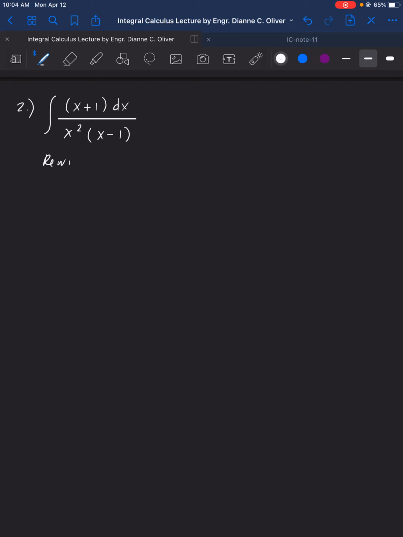We write x plus 1 over x squared (x minus 1) equal to a over x plus b over x squared. And then stop it there because there's no longer c over x raised to 3. So since this is 2, we stop at 2. Then let's add the distinct linear factor here. So we have c over x minus 1.